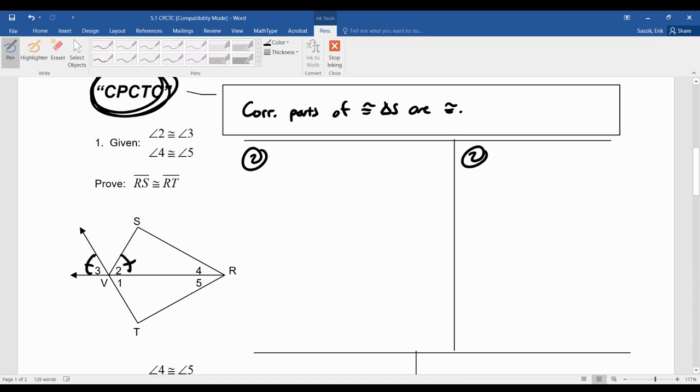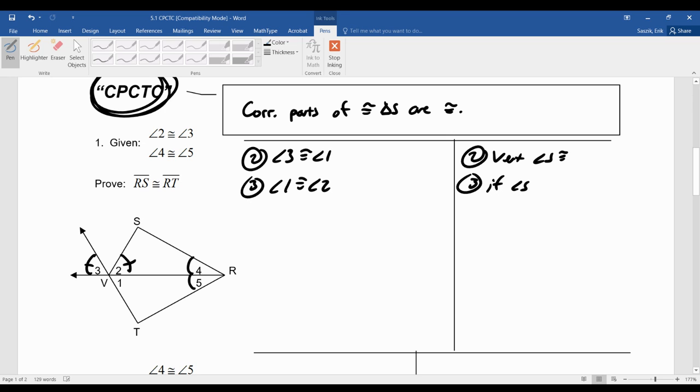Angle 2 congruent to angle 3, angle 4 congruent to angle 5. We have to prove. Now, I'm hoping you're thinking, we got to prove these triangles congruent. So I'm going to say angle 3 congruent to angle 1. Vertical angles are congruent. And then I'm going to say angle 1 congruent to angle 2, right?